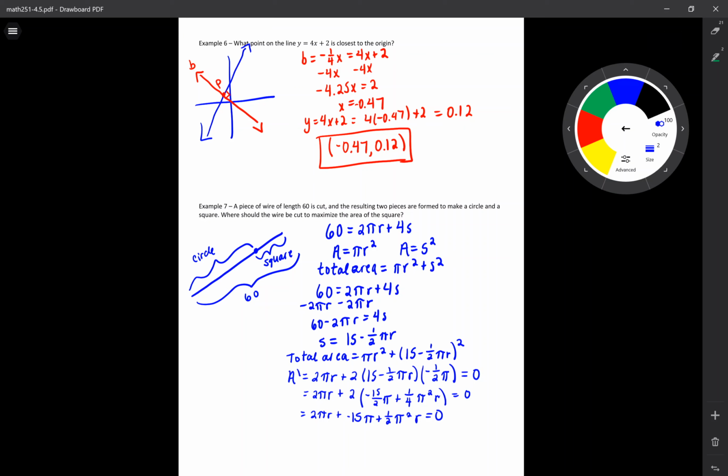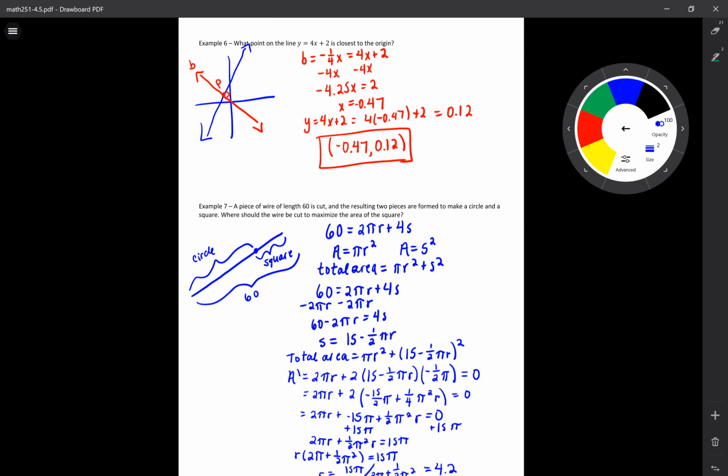And remember, I'm trying to find r, so I'm going to move this 15 pi over, and I get 2 pi r plus 1/2 pi squared r is equal to 15 pi. Now I will factor out an r. I'll be left with r times (2 pi plus 1/2 pi squared) equals 15 pi. And finally, I can solve for r is equal to 15 pi divided by (2 pi plus 1/2 pi squared). This is equal to 4.2.